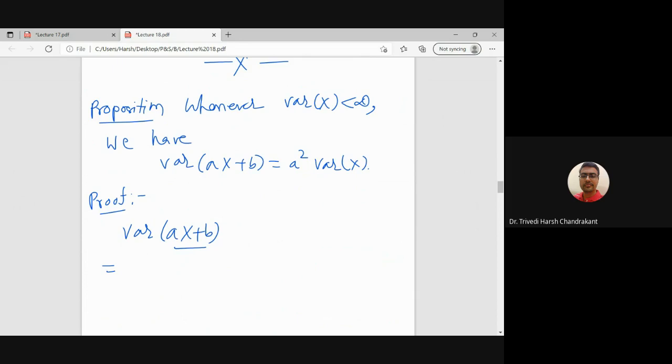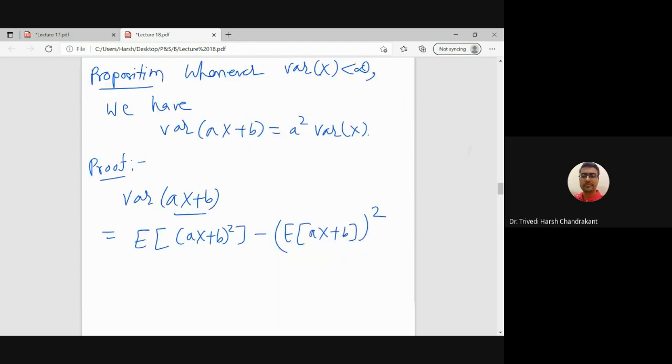So we need to substitute this ax plus b there instead of x. So that is expectation of ax plus b whole square, minus expectation of ax plus b the whole square.